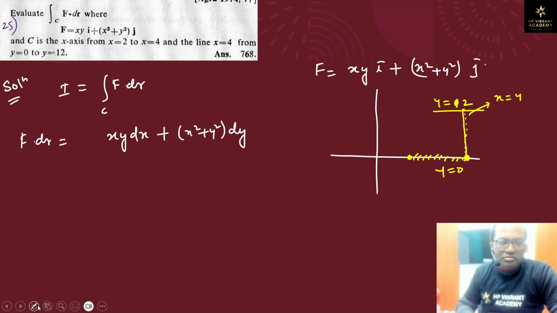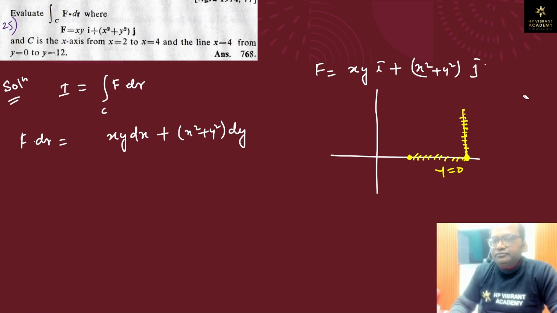The coordinate of this will be, this is x is equal to 2, so this is (2, 0), and x is equal to 4, so this is (4, 0).